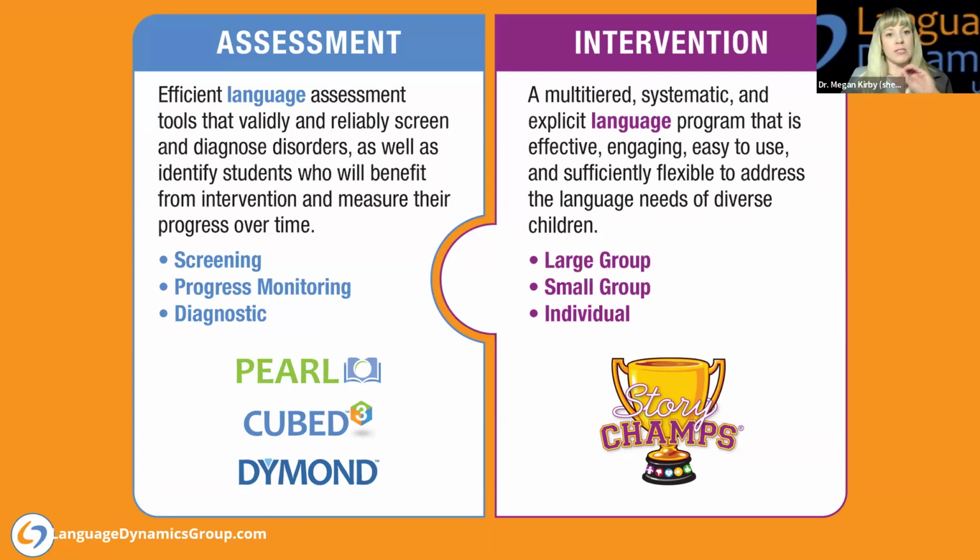Well, we're going to address the upper strands of Scarborough's reading rope. We are huge proponents of the science of reading and the science of behavior. Combine those two, and you're going to get really effective programs, Story Champs, and easy peasy. The Cubed goes right into helping progress monitor for Story Champs in case that is your intervention. But you can use these measures and not have Story Champs, and that's fine.